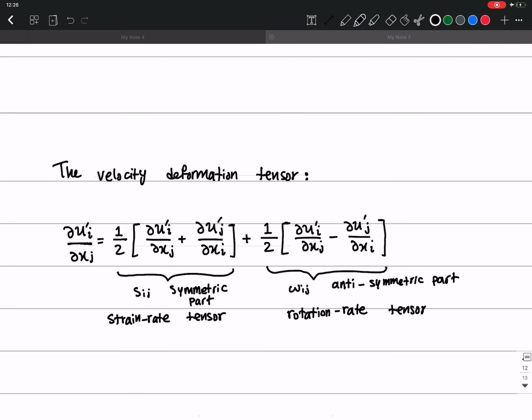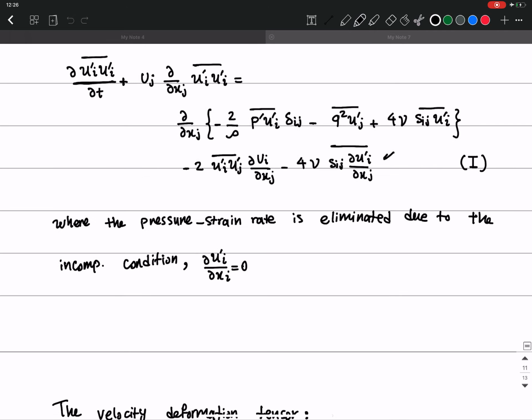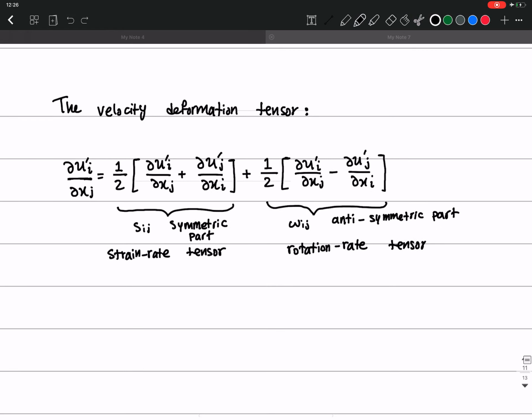Okay, now when we multiply Sij here, say for this term, by the velocity fluctuation, so Sij times partial u prime i over partial xj, and then take the average here, this equals to, so instead of the velocity deformation, I can write it as, again, the sum, so Sij times the sum of the Sij, the symmetric part, and anti-symmetric part, omega ij bar, right?